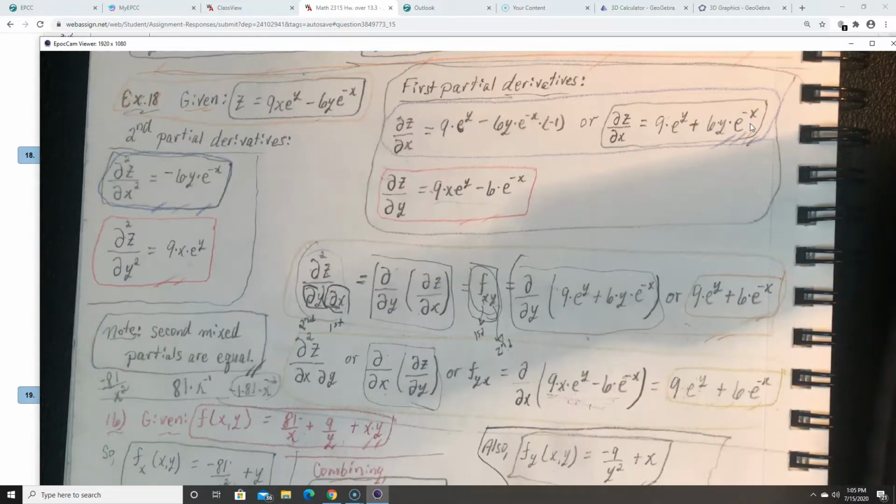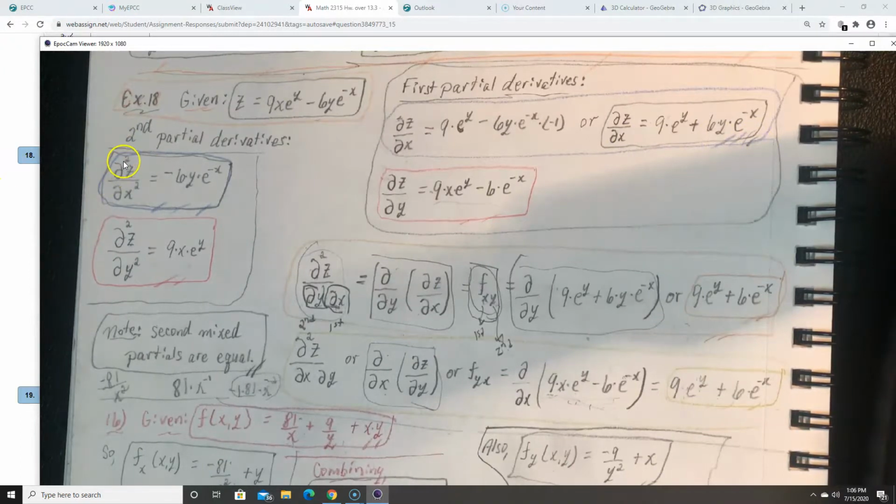And now we differentiate this again with respect to x. So it's a second partial derivative, with respect to x the first time and with respect to x the second time. Both times. So you write it like this, notationally.